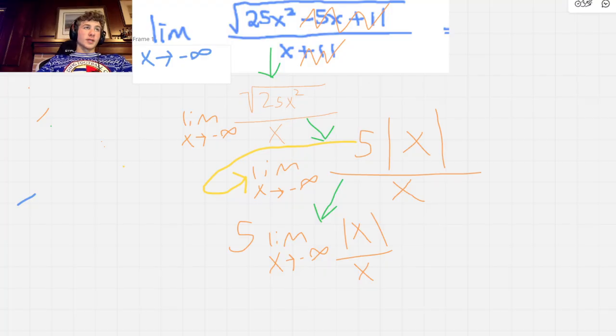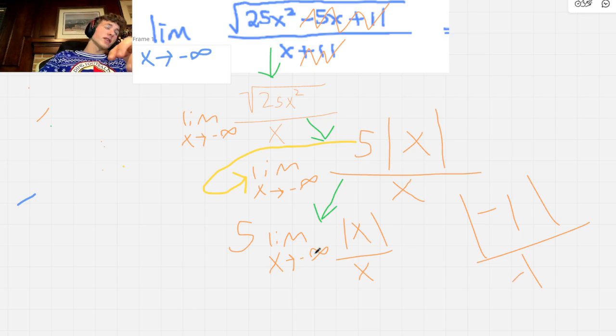So now that we've gotten to this point here, absolute value of x over x. If we think this through in a simple way, not fully in depth, if you were to plug in just a simple -1, let's imagine negative infinity is -1, then absolute value of -1 over -1 would mean the answer is -1.